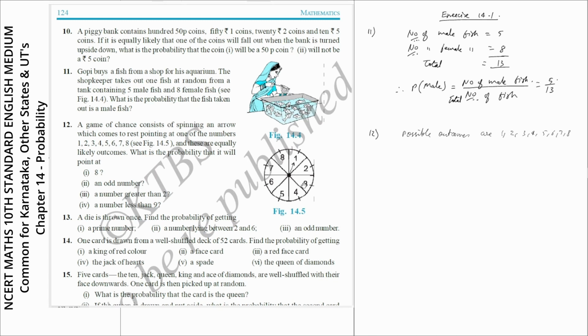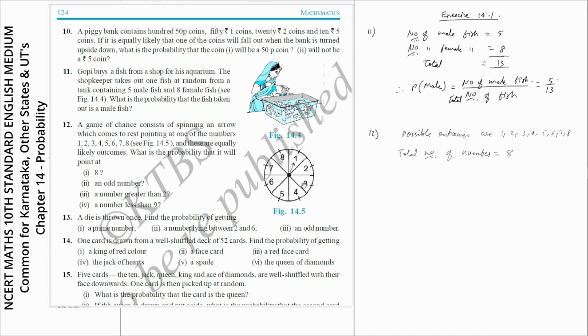When the arrow is made to rotate, it will come and rest on one of these numbers. Total number of numbers is, how many numbers are there? 1, 2, 3, 4, 5, 6, 7, 8. Total number of numbers is 8 only.